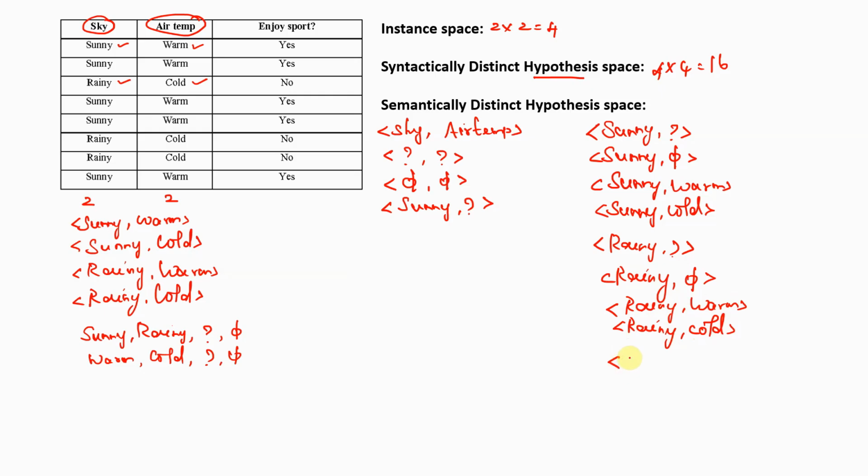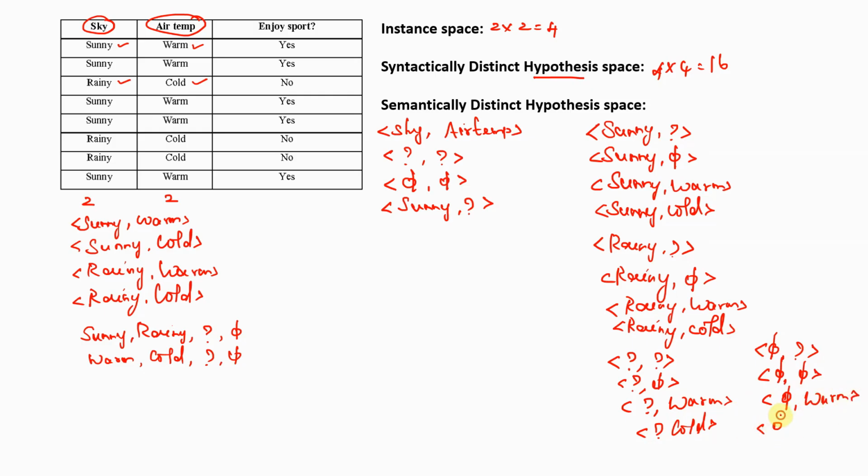Similarly we have the combinations for the question mark: question mark question mark, then question mark specific, then question mark warm, then question mark cold. And we have the combinations with the specific: specific question mark, then specific specific, then specific warm, followed by specific cold. So totally we have 16 distinct hypotheses.